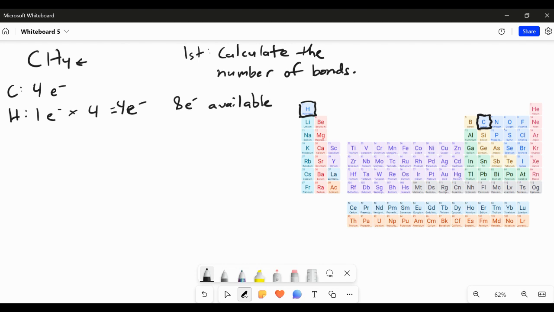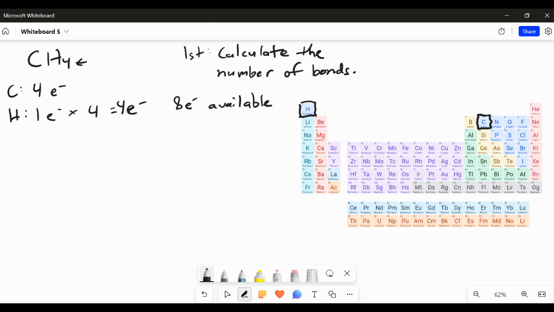Next, we need to figure out how many electrons are required to meet the octet rule for all of these together. And it's really simple because basically every atom wants 8, with a couple of exceptions. Really, that exception is just hydrogen.